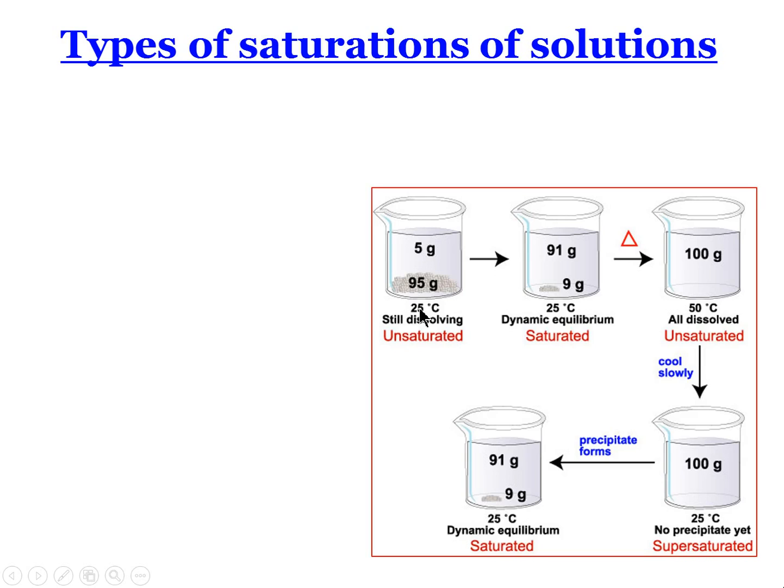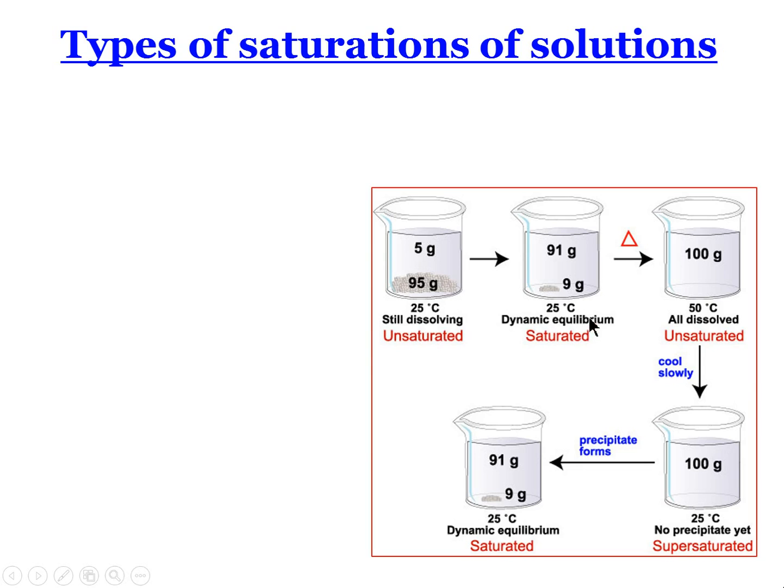Suppose we want to dissolve 100 grams of NaCl in a certain volume of water, which is the solvent. We observe at the beginning that 5 grams of NaCl are soluble, and we have 95 grams that are still dissolving. So this solution is called unsaturated because we can dissolve more solute in this volume of solvent.